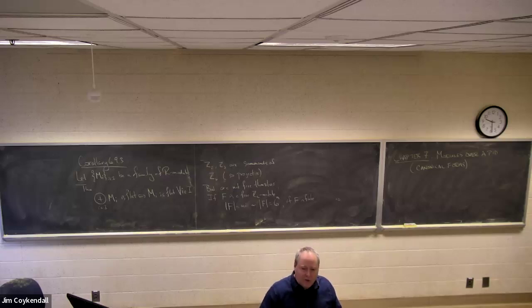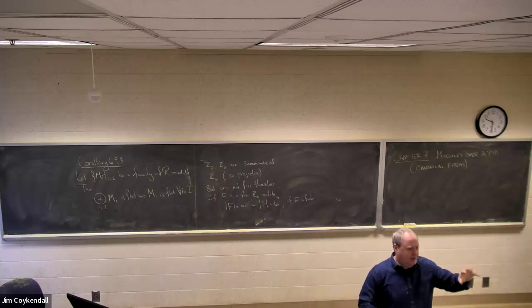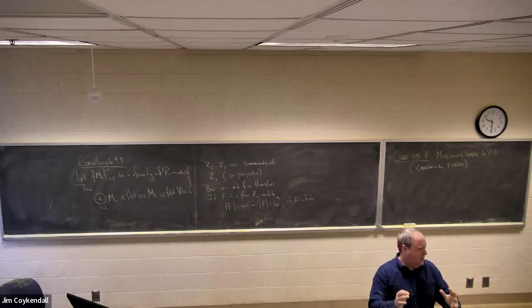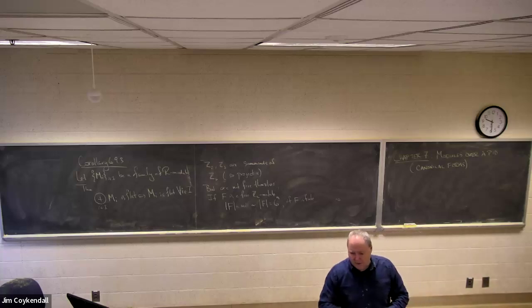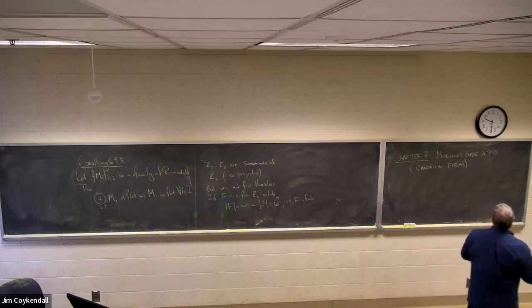So you all see the theorem: if you have a finitely generated abelian group, it's got a free part, finitely many copies of Z, and then a finite part, and the finite part can be decomposed in a certain way. Well, that's what we're doing here.